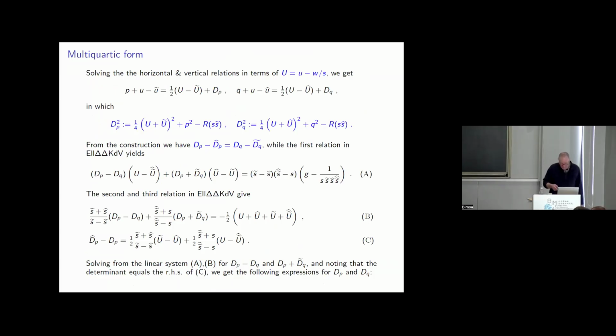Okay, so this is about not a reduction, but actually rewriting the system in quad form in two components.